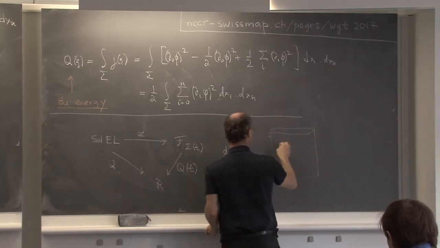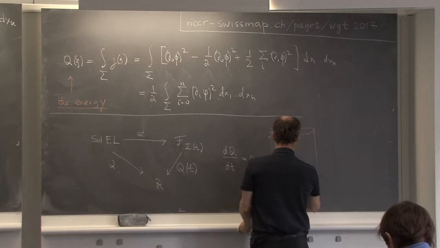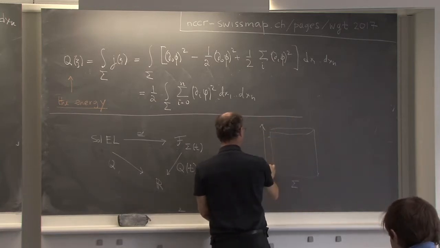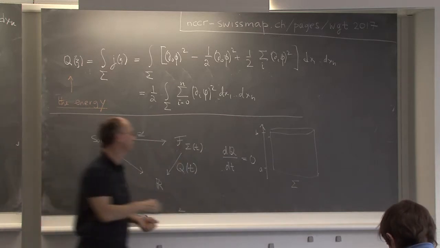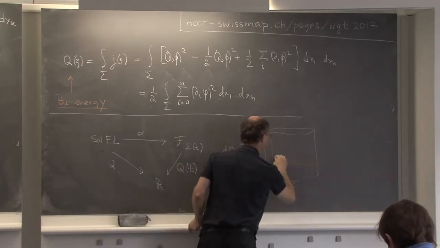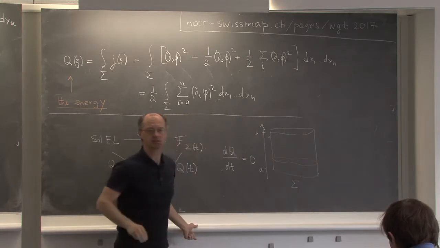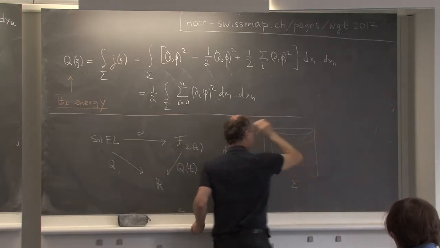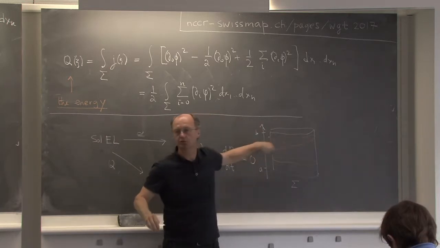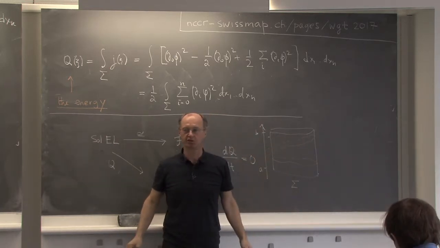And perhaps I recall again this picture. So that's our cylinder, sigma, the time axis, A and B. So you can compute charges on time slices, or you can compute charges on all reasonable surfaces which support Cauchy data.